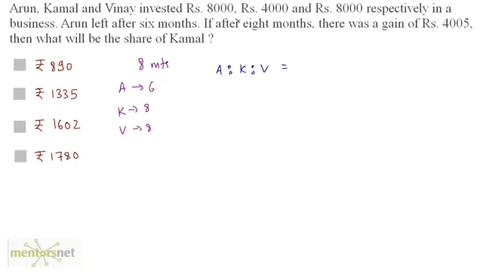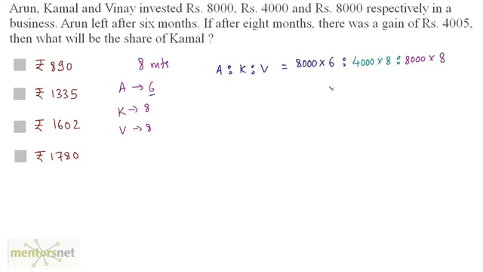So Arun invested 8,000, so 8,000 times its time period, which is 6, is to Kamal invested 4,000, so 4,000 times 8, is to Vinay, who invested again 8,000 rupees, so 8,000 times 8.